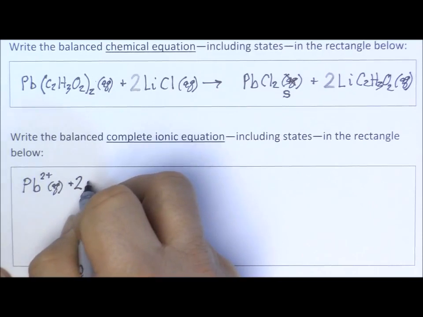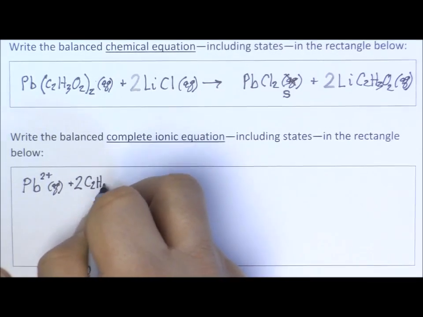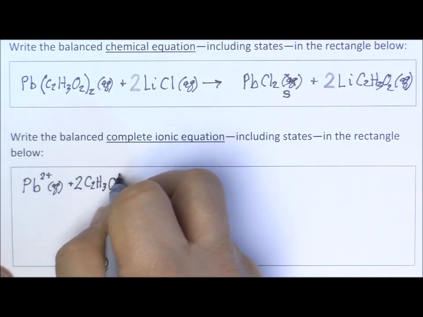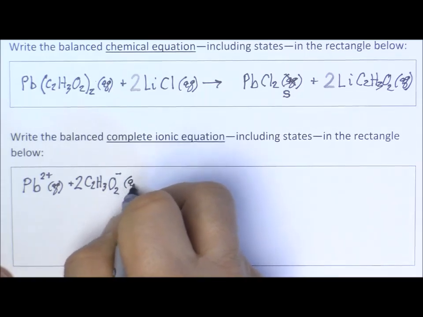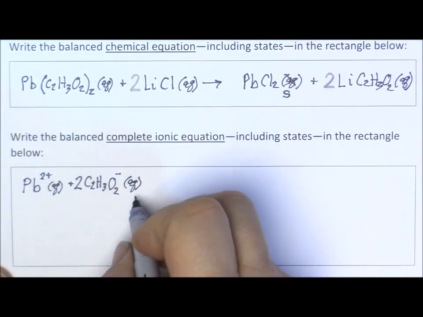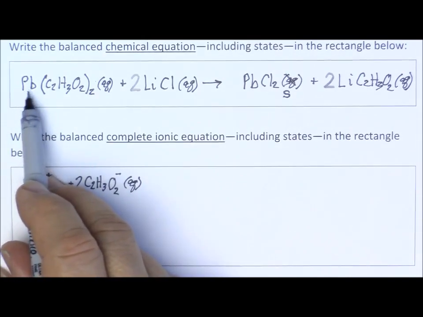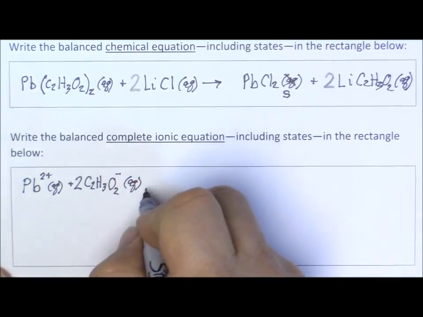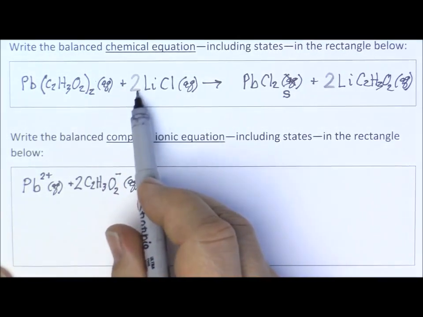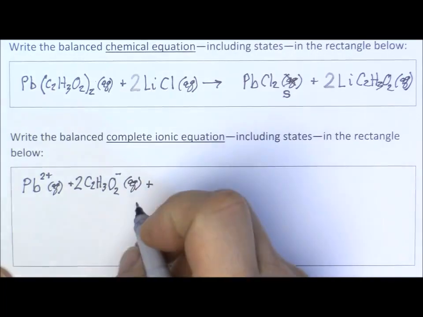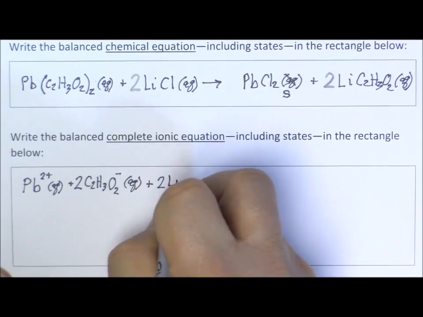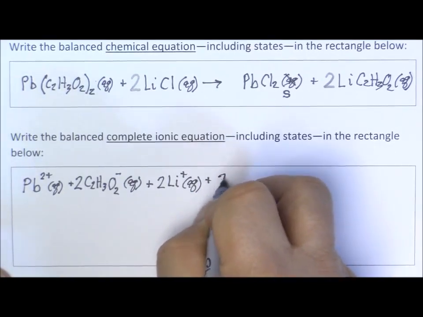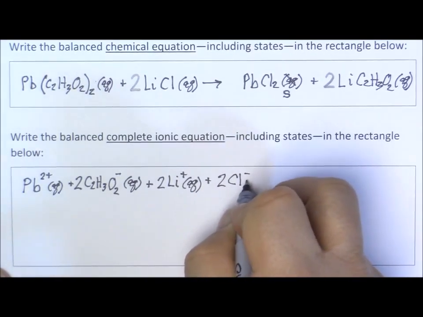Plus 2 C2H3O2 acetate ions, and each of those has a minus, and they are aqueous. So we've shown now lead 2 acetate dissociated into its ions, plus 2 lithium ions and 2 chloride ions.